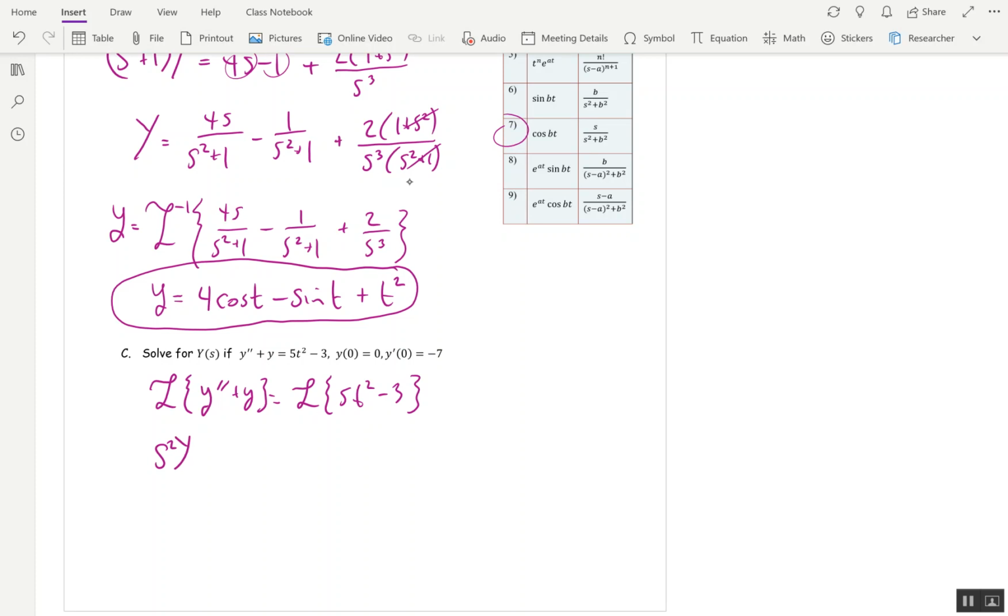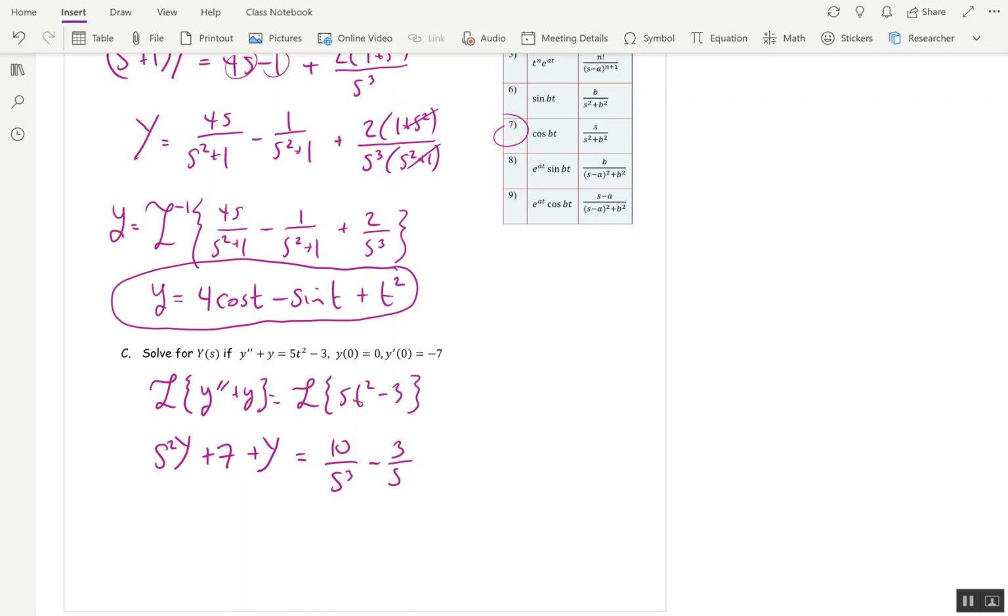And then minus y prime of 0 is plus 7, because y prime is negative 7. All right, and then plus big Y equals L of t squared is 2 factorial, which is 2, over s cubed. So 2 times 5 is 10 over s cubed. And L of 3 is 3 over s.